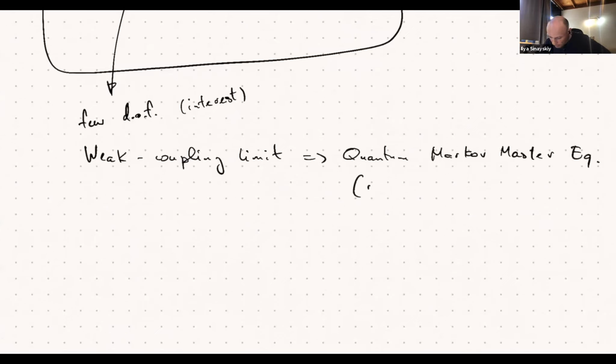And if you want, you can add in GKSL form.